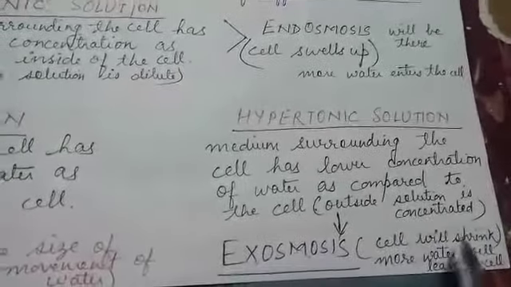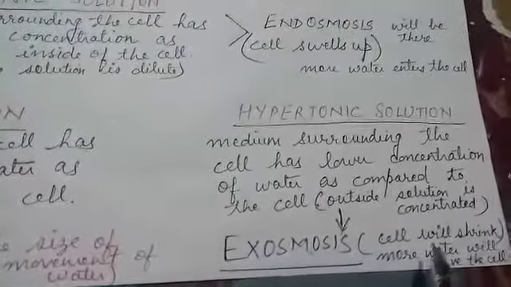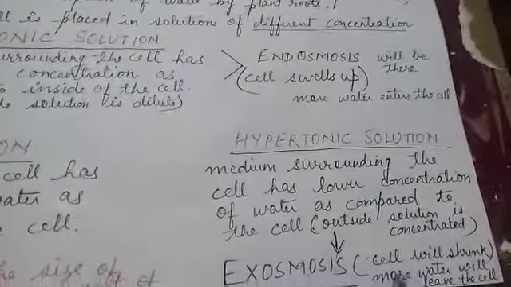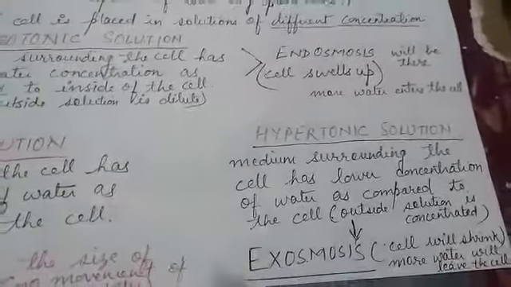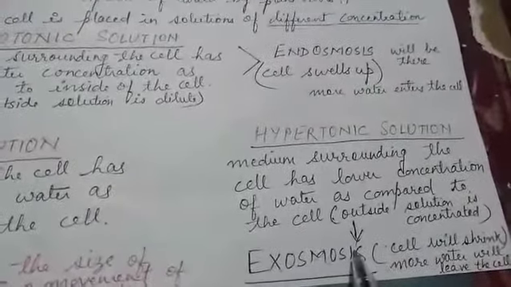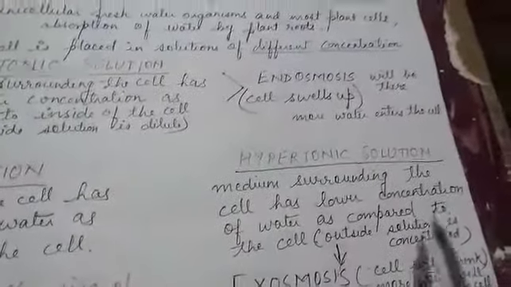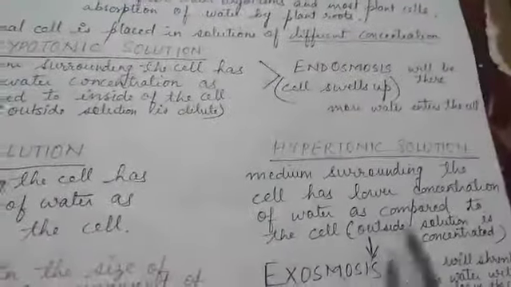The cell will shrink, water comes out from the cell. This is called exosmosis. More water will leave the cell. This all depends upon the concentration gradient, and movement of water will take place accordingly.